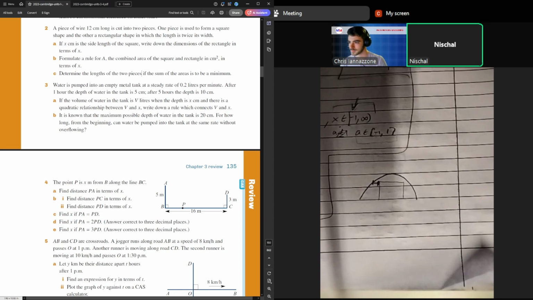If x is the side length of the square, then 4x is one length of wire. So 12 minus 4x is the total perimeter of the rectangle.